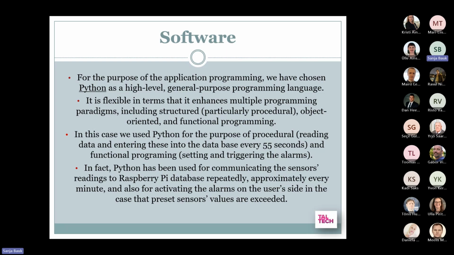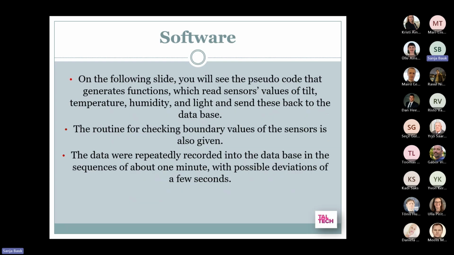In this case, we use Python for procedural programming, reading data and entering it into the database every 55 seconds, and functional programming, setting and triggering the alarms in the case of exceeding boundary values. In fact, Python has been used for communicating the sensor readings to the Raspberry Pi database repeatedly, approximately every minute, and also for activating the alarms on the dispatcher's or user side in the case that preset sensor values are exceeded for some reason.